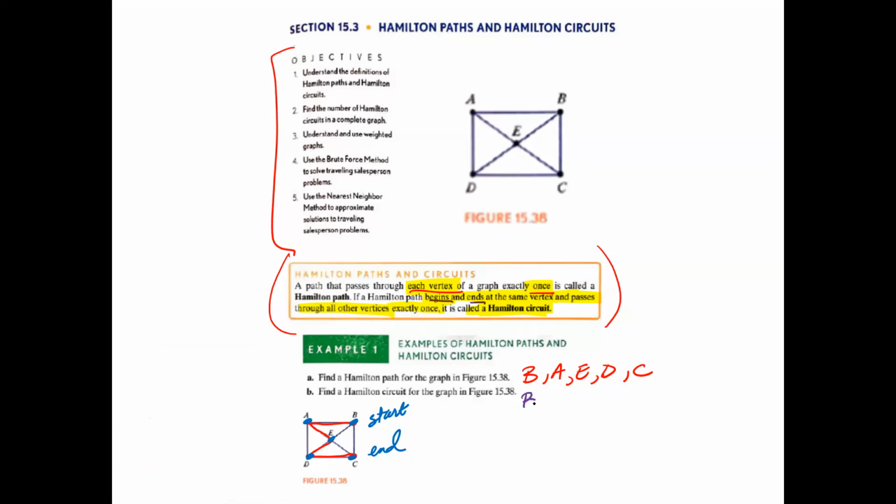So with that one, let's still start at B. From B, I'm going to go over to A. So B to A, to E, to D, D to C, and then C back to B. As you can see, we started at point B and we also ended at point B.